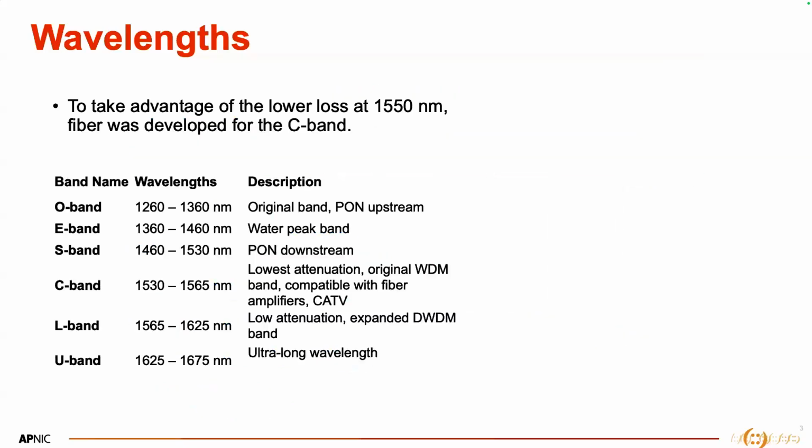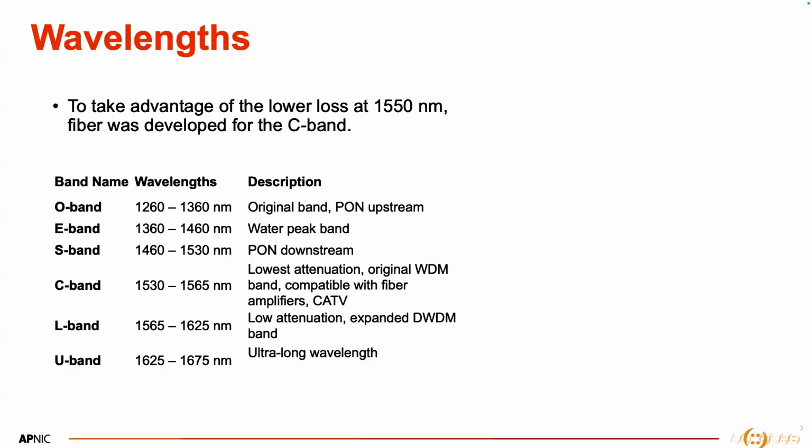So as you can see, there are some bands. We have segregated the infrared segment into different bands: O band, E band, S band, C band, L band, and U band, right? Different bands have different usages for communication or other purposes. What we are trying to focus on here are the C band and L band.